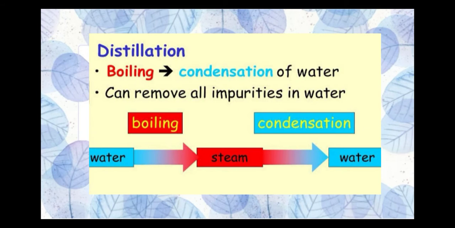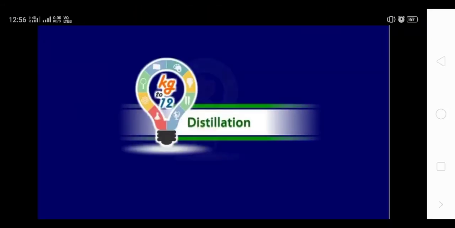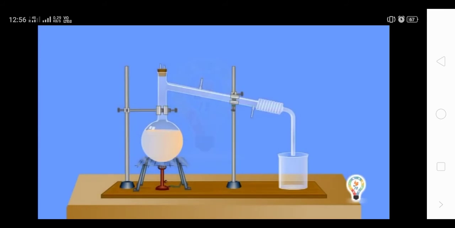Let's see the method of distillation. Distillation is a method of obtaining pure liquid from a solution. In this process, the solution is heated so that the liquid evaporates. Let's understand this with an experiment. Take some salt water in a retort and heat the retort till the steam comes out of it.